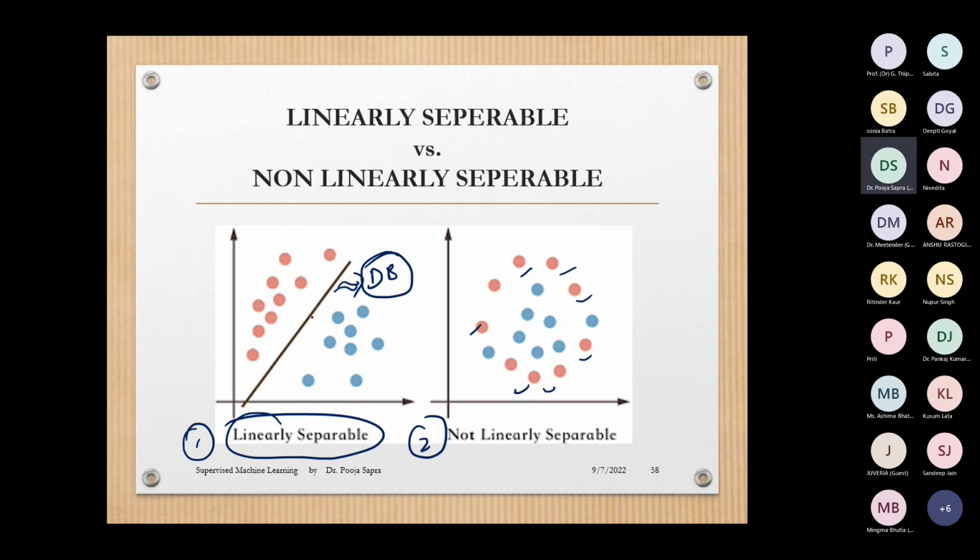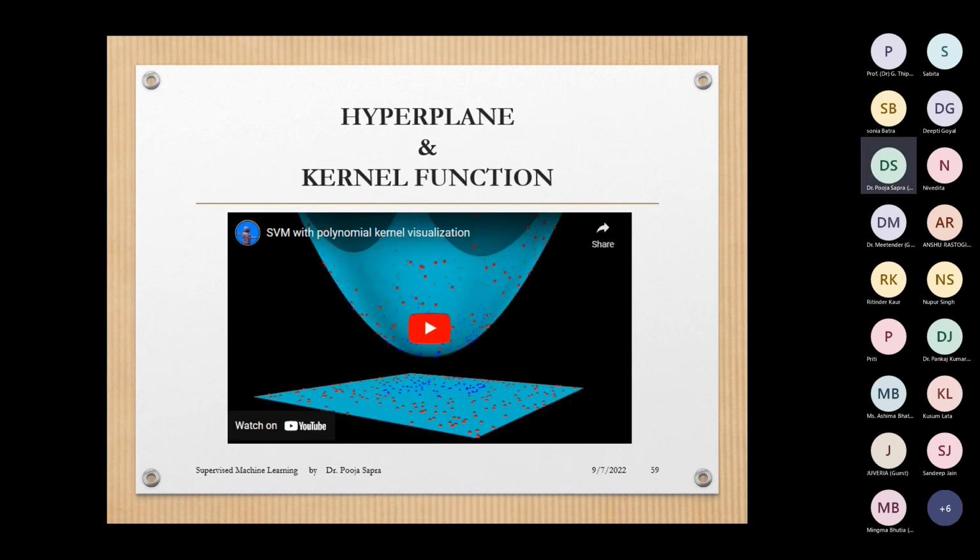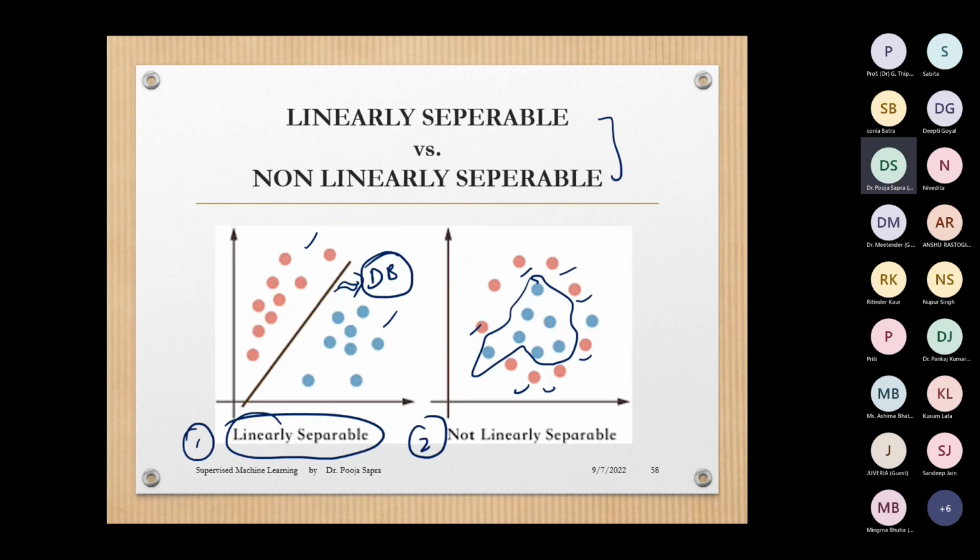Decision boundary means this is the boundary that will let me know whether a new point should go to class A or class B. But in this case, we cannot draw a decision boundary. So when we have such kind of data where it is very difficult for us to find out linear separation, then we would be using what we call as support vector machine.